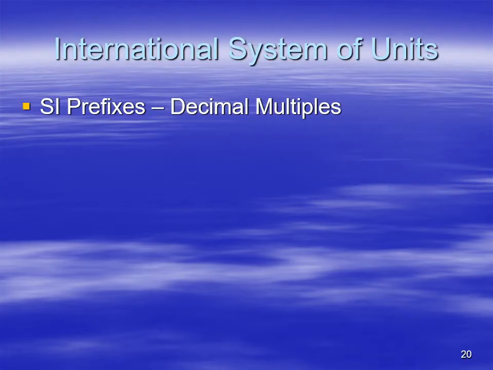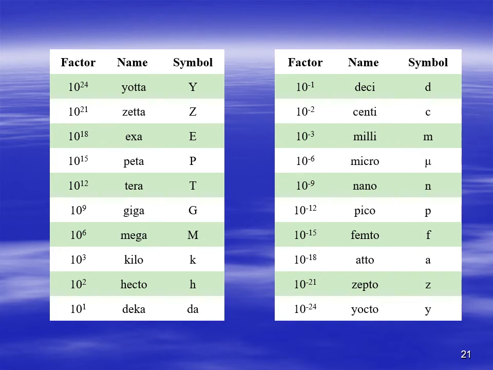You should know the SI prefixes because these are used with the base SI units and also the derived units to come up with other types of units. And here are all the prefixes that are used, and they are pretty interesting.